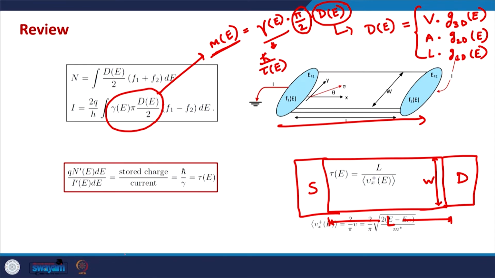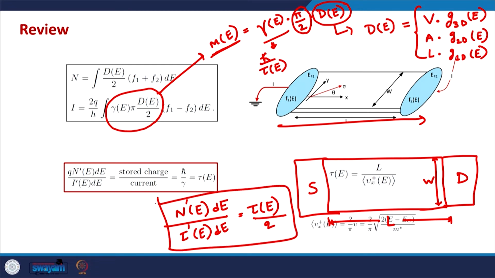So the ratio of the stored charge and current is essentially the parameter tau E. In our description in the previous class, we had Q in the denominator of the right hand side.